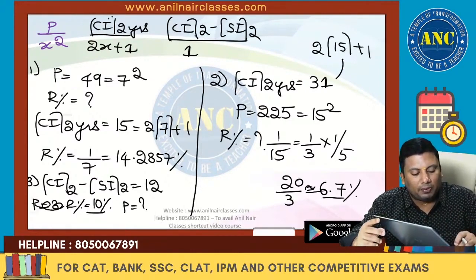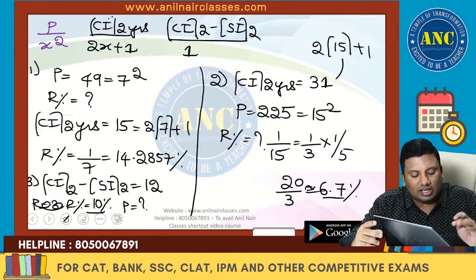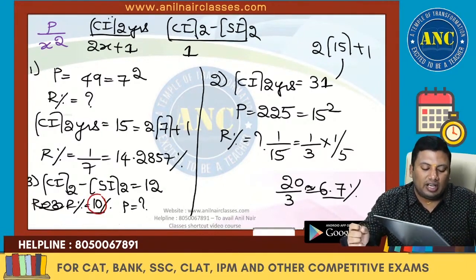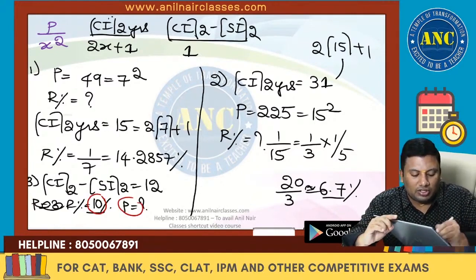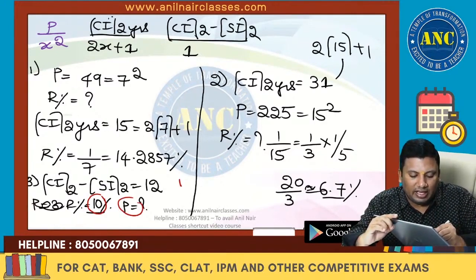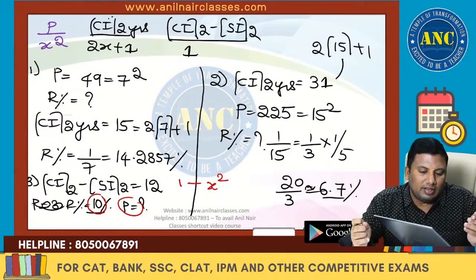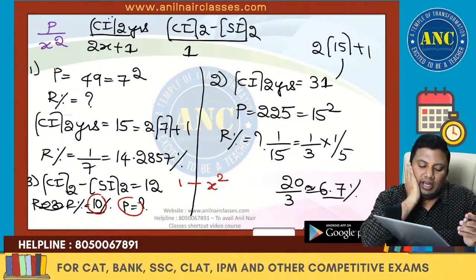Find the principal. CI for 2 minus SI for 2 is 12. R is nothing but 10 percentage. Principal is how much? If it is 1 by 10, this will be x square.